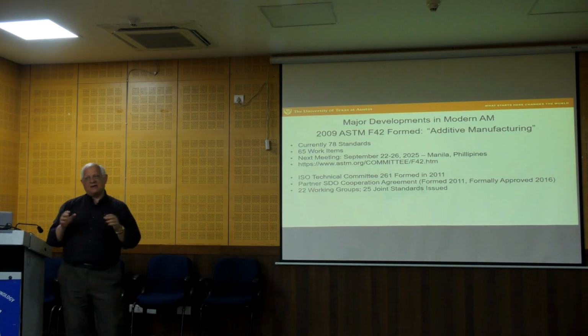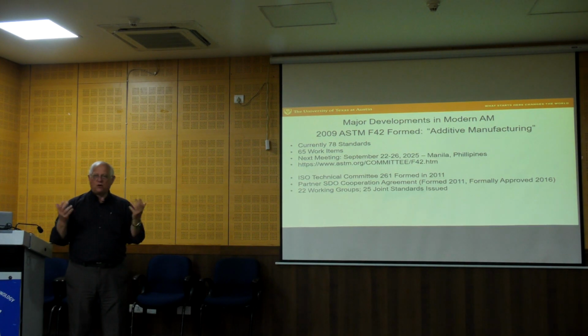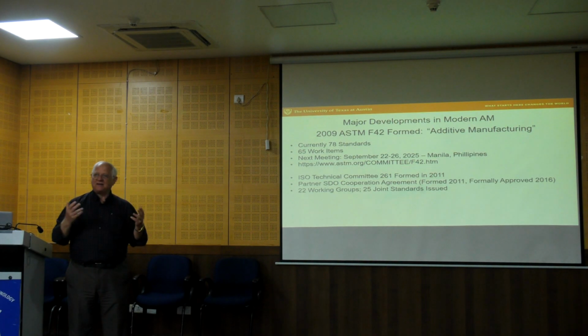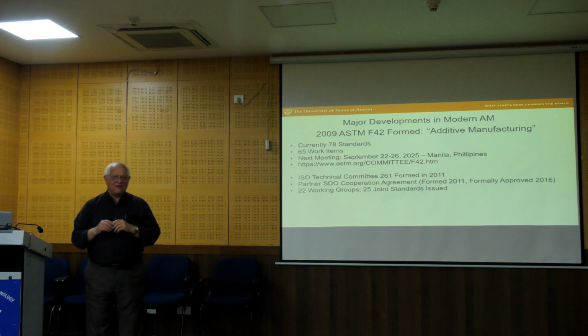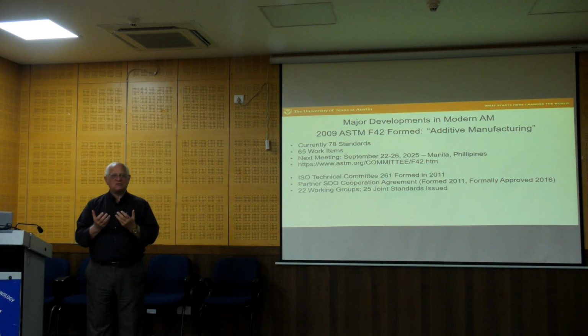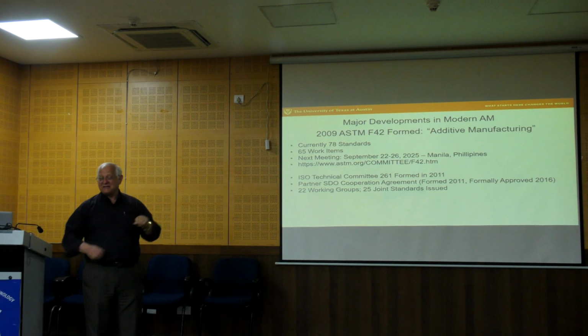It was a collaborative agreement: ISO and ASTM agreed that they would work together to produce standards. It's almost unbelievable to think of this. It's like Coca-Cola and Pepsi deciding that they wanted to produce a cola product together. Who would think to do this? Because these are competitors, ISO and ASTM.